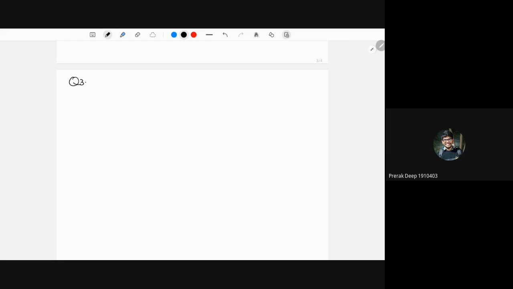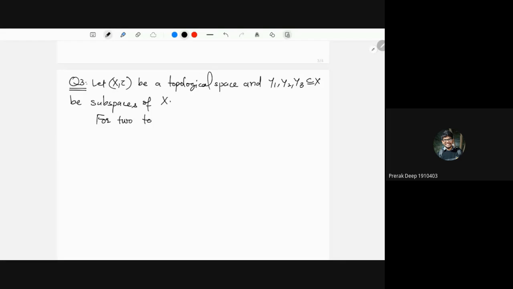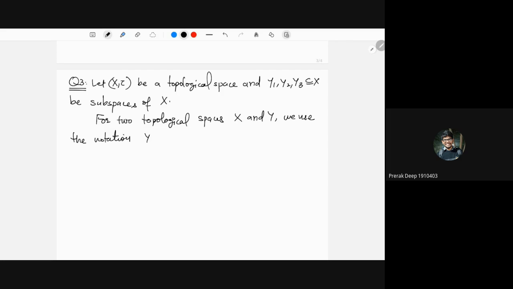Now for two topological spaces X and Y, we use the notation Y triangle X if Y is a subset.